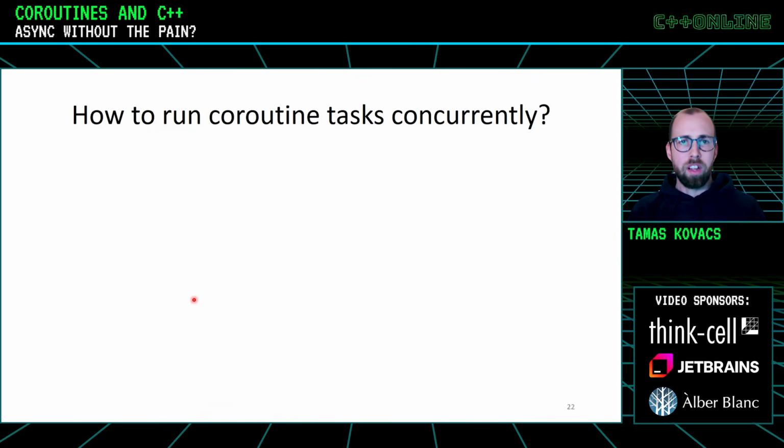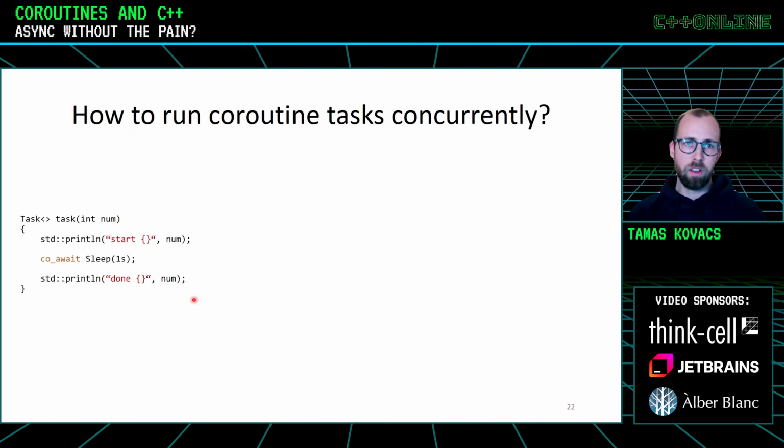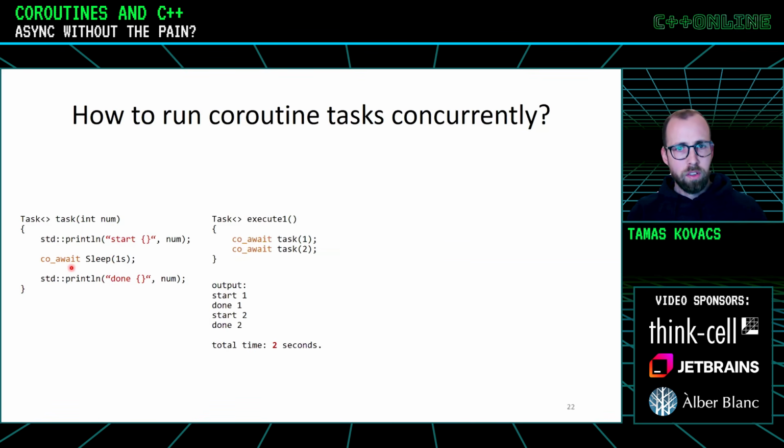But how to run coroutine tasks concurrently? On the left side, we have a coroutine which prints two lines, start and done. And in the middle of this coroutine, we have a suspension point, and we are going to sleep for 1 second. So the first idea that could pop into our mind is that we are going to co-await this task.